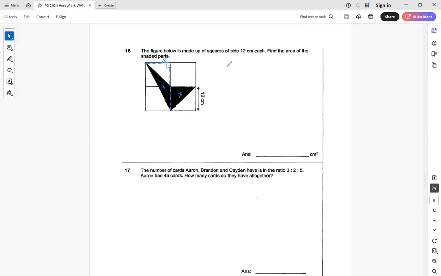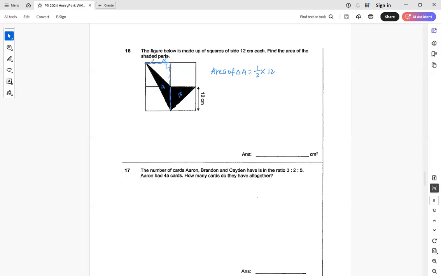So for area of triangle A, wait, let me write later. Area of triangle A will be half times base times height, right? So my base just now I said is this one, which is my 12.